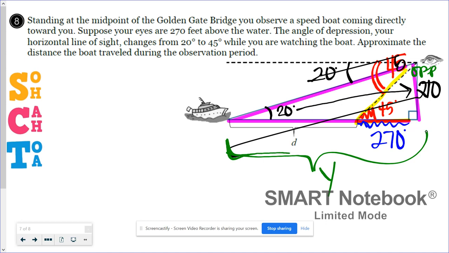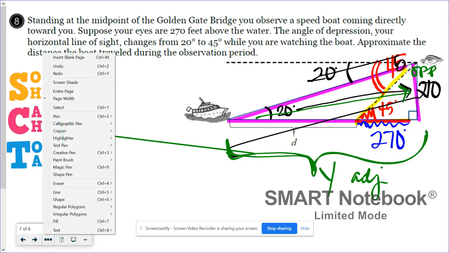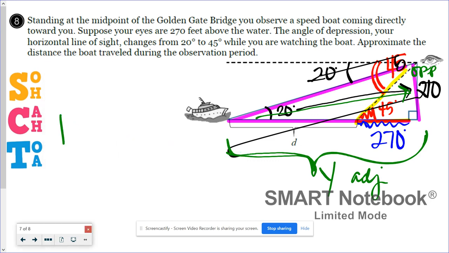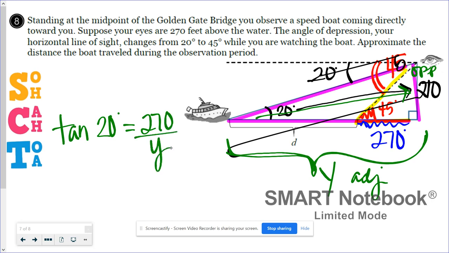I can find the total distance the boat would have gone from its original position to directly beneath my line of sight. And I can do that using tangent because I know the opposite. I want to know the adjacent. So I can say that tangent of 20 degrees is equal to the opposite, which is 270, over the whole adjacent side, which is y.